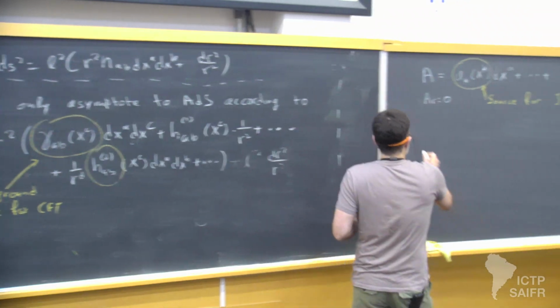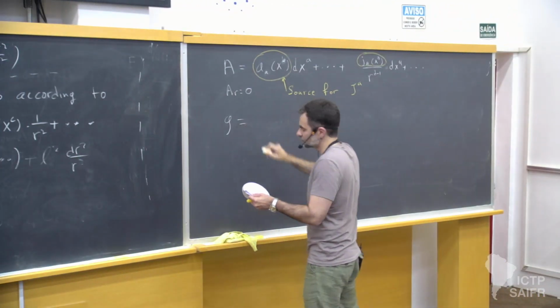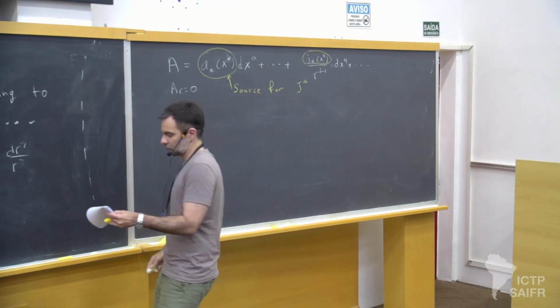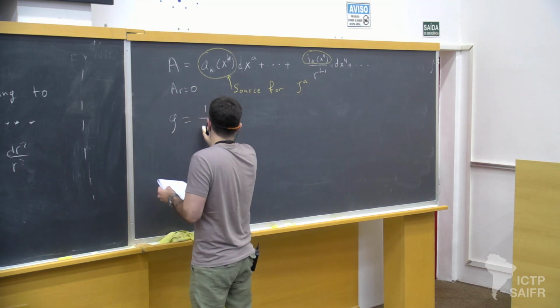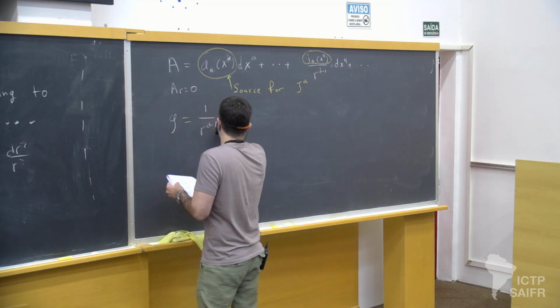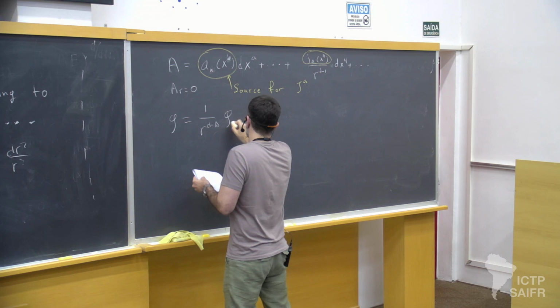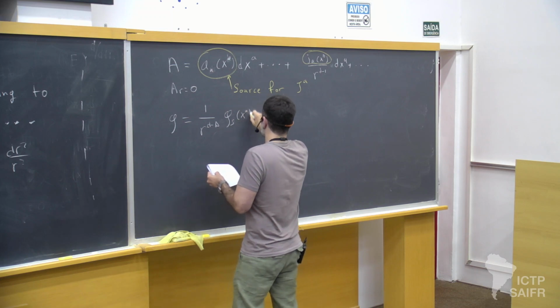Now, for the scalar field, if I do a near boundary expansion, I will have 1 over R to the D minus delta times any function I like of the boundary coordinates.